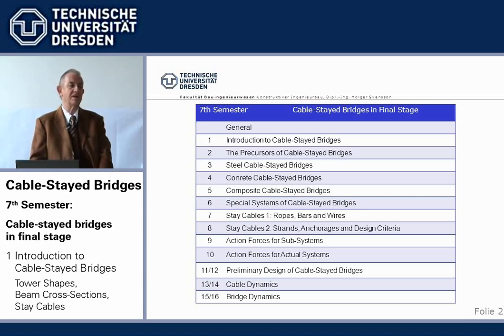We will, in this your seventh semester and your eighth semester, cover the whole area of cable-stayed bridges. In this first semester, we talk about cable-stayed bridges in the final stage, from all aspects, from basic design ideas to some aesthetic guidelines, over an outline of all the structural parts and details and systems.